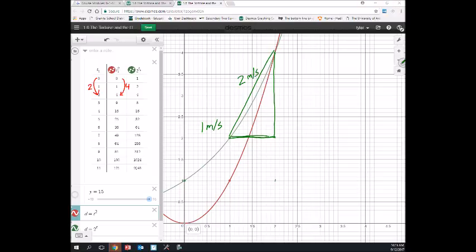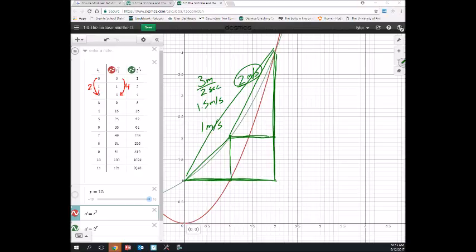And if you look at the whole 2 seconds combined, they went 3 meters. Okay? So they went 3 meters per 2 seconds, which is 1.5 meters per second, which makes sense because if you average 2 meters and 1 meter, you get 1.5 meters per second. So we split the difference because they're the same amount of time.